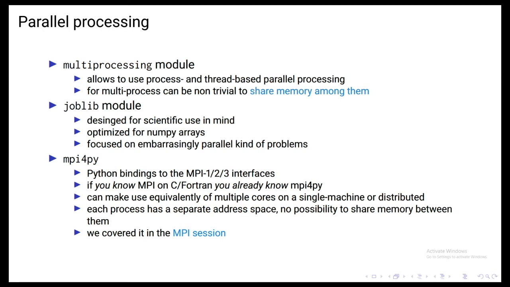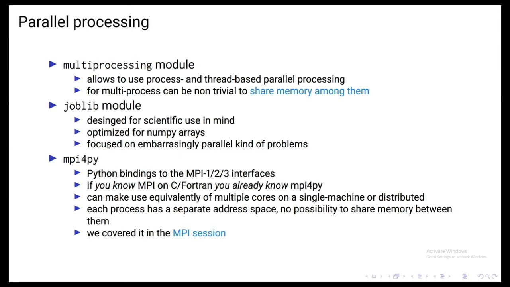Then, in recent years, there's a lot of development behind the joblib module, which at the beginning was based on the multiprocessing module, but now it's not the case. It's based on another project.